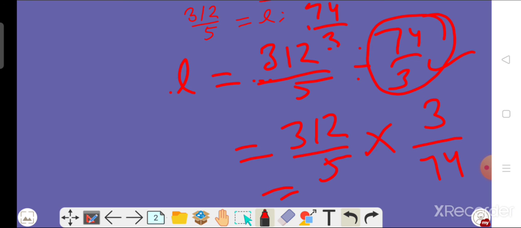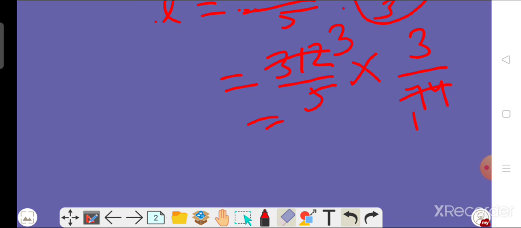Now we have to cancel the common factor between numerator and denominator. So 78 is the highest common factor between 78 and 312. So 78 ones are 78 and 78 fours are 312. So this is equal to 4 3 is 12 by 5 1 is 5.